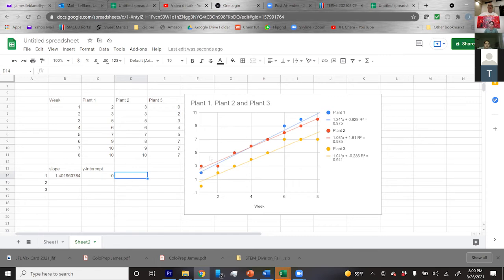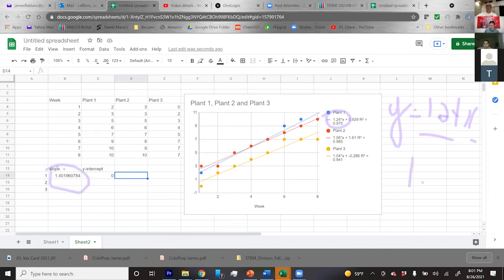So plant 1's initial slope was 1.24, so y equaled 1.24x. Basically, every week, if x is weeks, it grew 1.24 centimeters. But we can see when we put it through 0, the slope's actually a little bit higher. Now it grew 1.4 centimeters every week, which is probably a little more accurate, since we know when we planted the seed, we started with a height of 0.